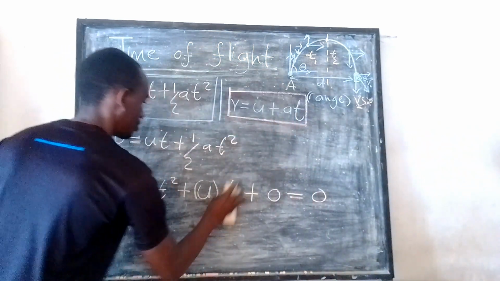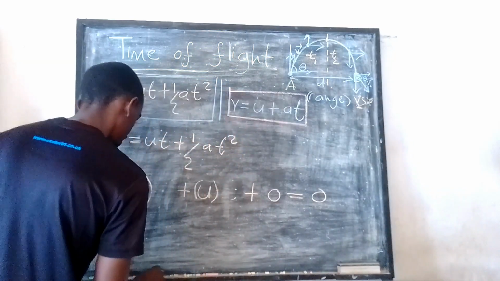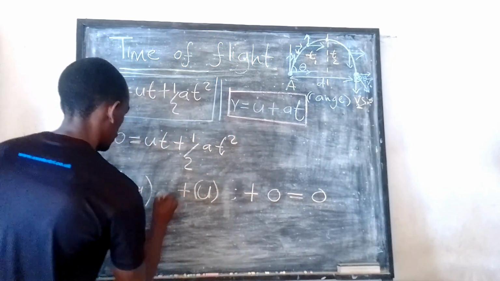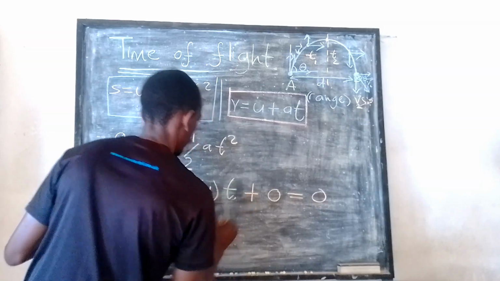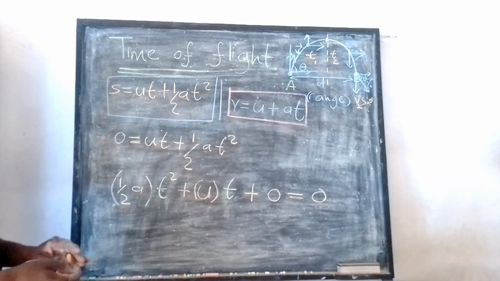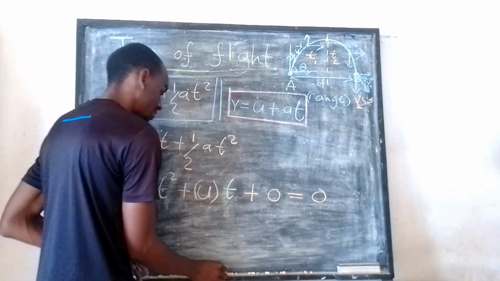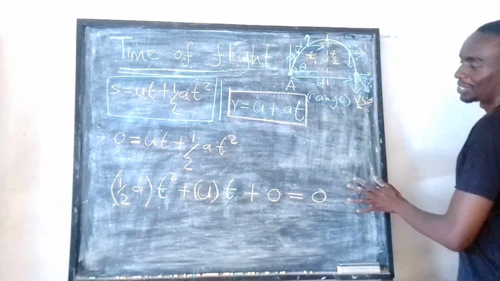Now, why do I say plus 0? The reason I say plus 0 is because I want you to invoke this into your mind, that this is simply a quadratic expression.